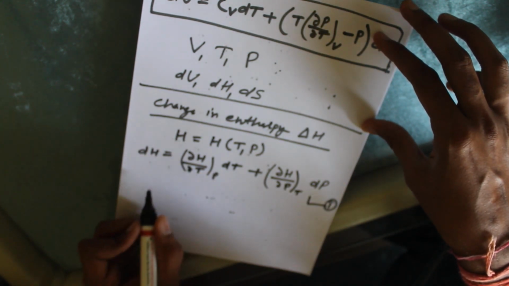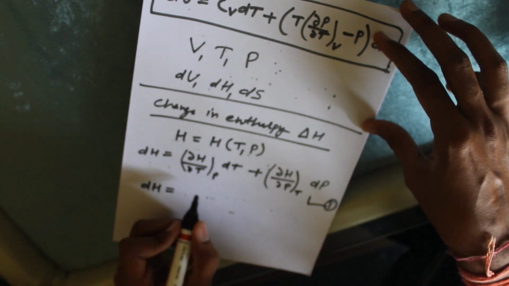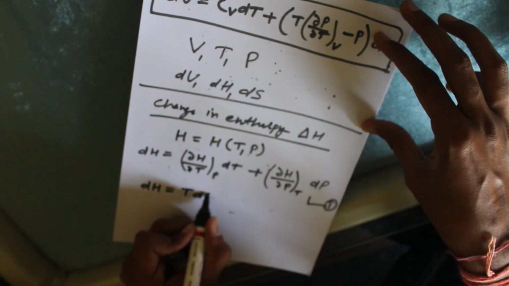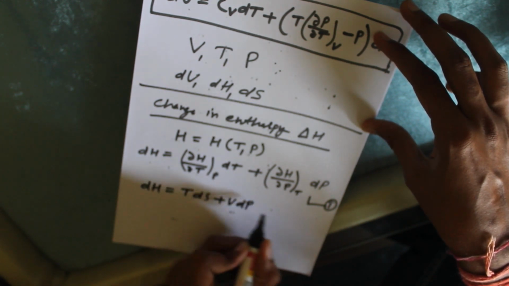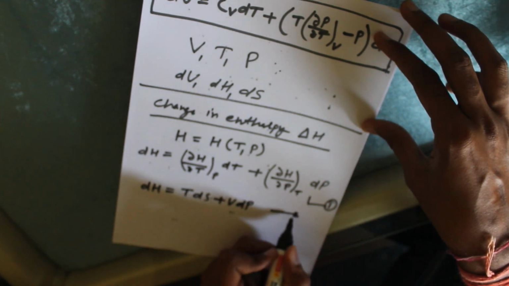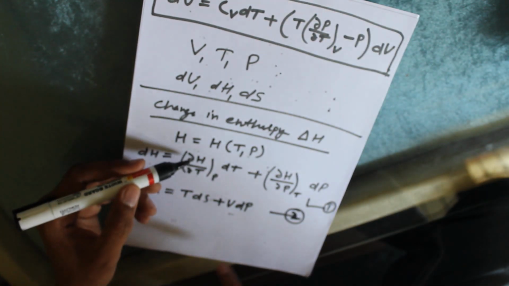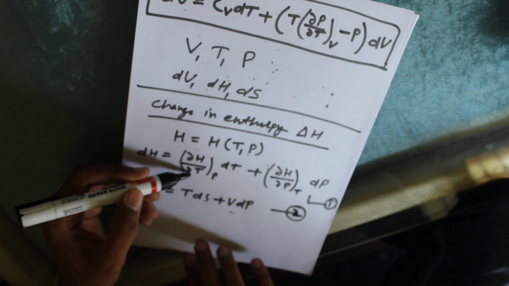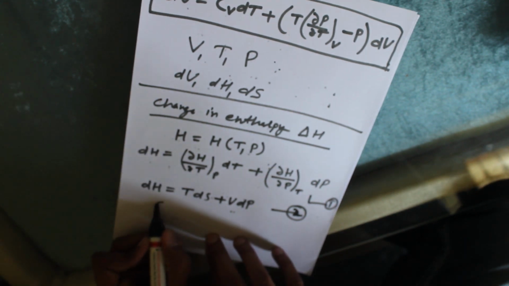Now we know the change in enthalpy is equal to TdS plus VdP. This one is equation 2. This del H by del T is equal to Cp. We know what Cp is.